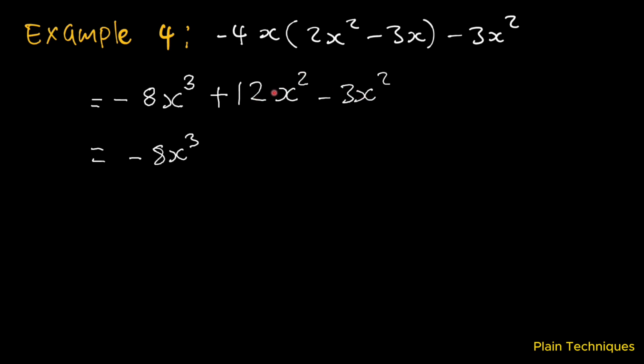Remember, so these constitute as like terms, right? So it's x squared, x squared. You put x squared here. And then you add the coefficients, all right? Which is positive 12 minus 3, right? Which equals positive 9.